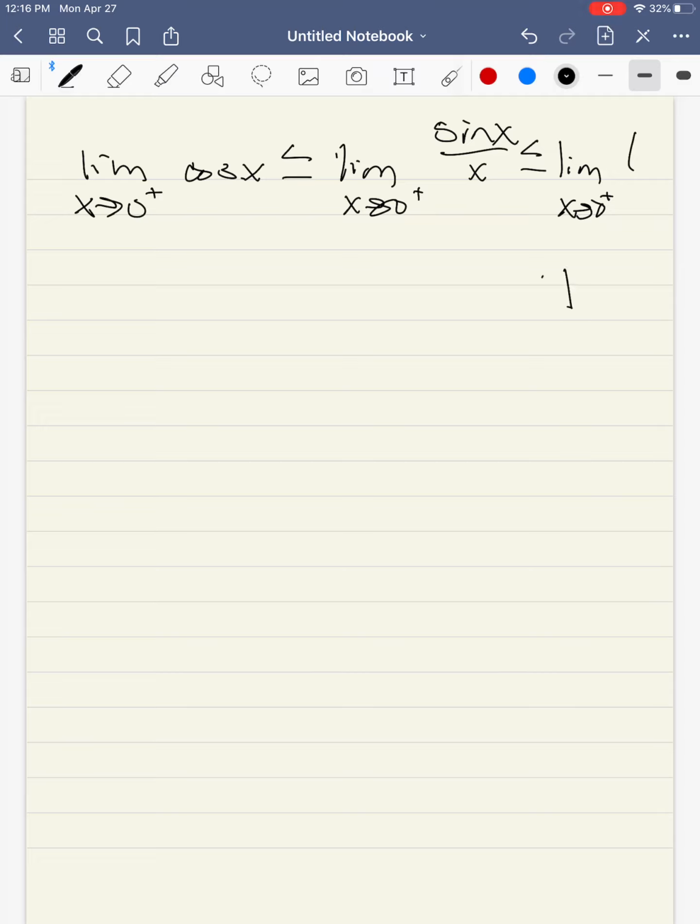Well, this is going to be 1. And this is what we're trying to find. And over here, cosine of 0 is 1.